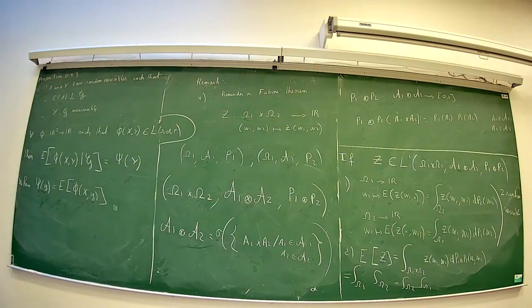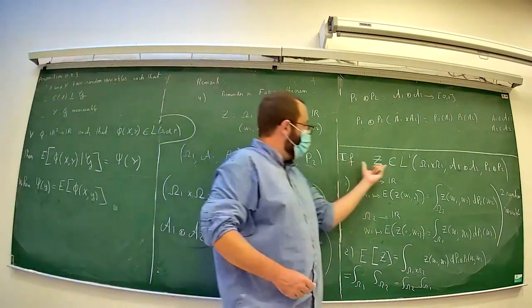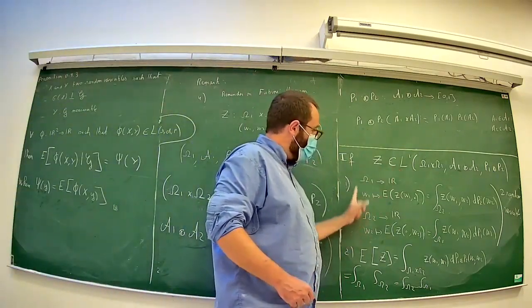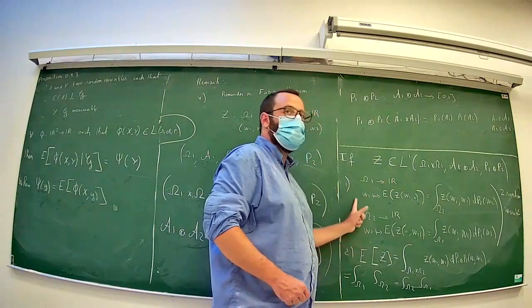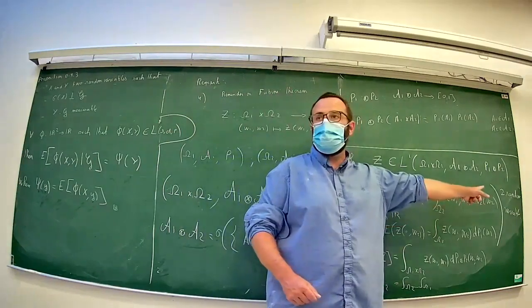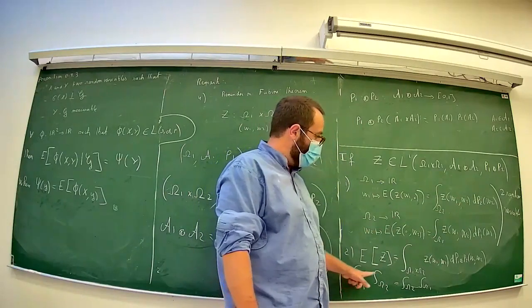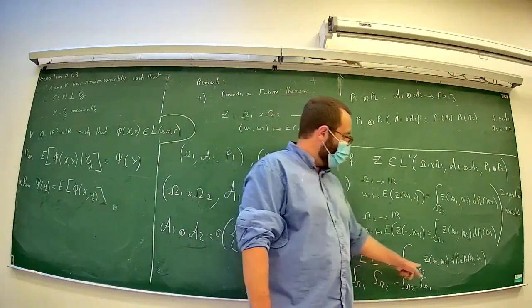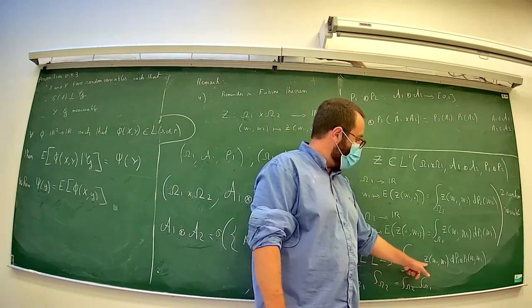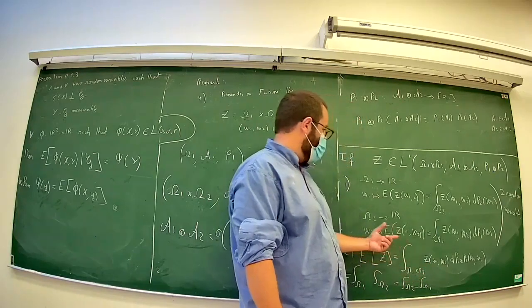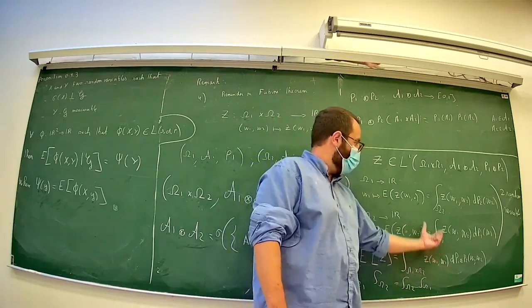But what is important in the Fubini theorem is that if you are in L1, the partial mappings defined this way are measurable. And typically, when you do partial integrals, what you obtain if you integrate this one first with respect to ω1 is exactly this one or this one.